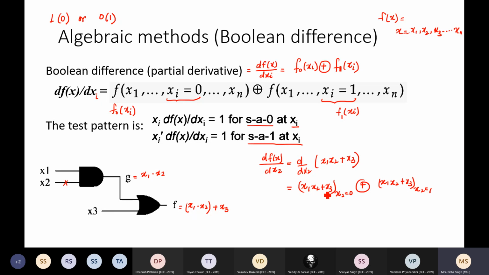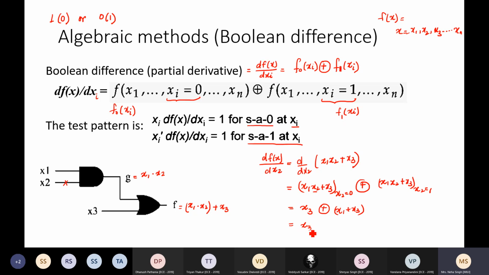In this expression, put x2 equal to 0. As soon as you put x2 equal to 0, x1 into 0 will be 0 because this is an AND. 0 or x3 will give you x3. Right? So x3 XOR. Here put x2 equal to 1. If x2 equal to 1, this will result into x1 plus x3. Now solve this XOR.